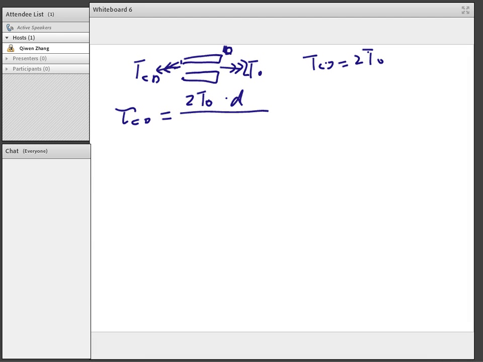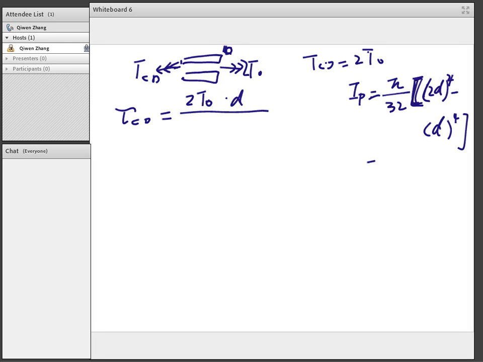IP for a hollow section is pi over 32 times the outer diameter, which is 2D, to the 4th power, minus the inner diameter to the 4th power.